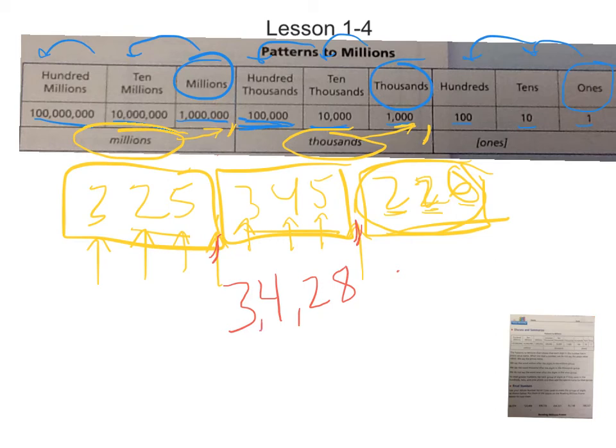The comma should be there. Okay, because that gives me 1, 2, 3 digits after the comma. So 34,028 would actually be 34,028. Notice I said 34,028 because I didn't have any hundreds in here. Okay, and there's no hundreds in this train cart. So now I'm going to get rid of this.